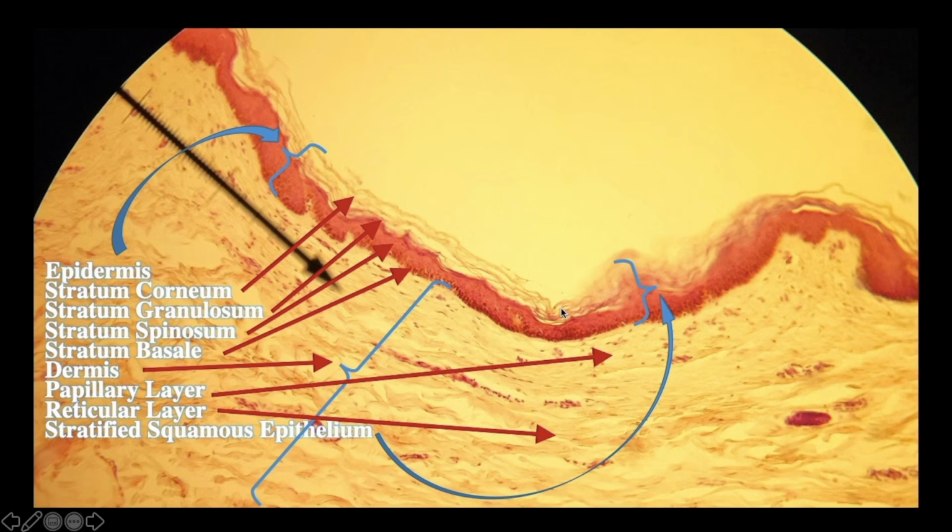Keratin is a protein. It's what our nails are made out of, skin, our hair. That's all keratin. It's just a protein. This protein is packed into these cells, but they're not living. These are all dead cells. So these can easily slough off.